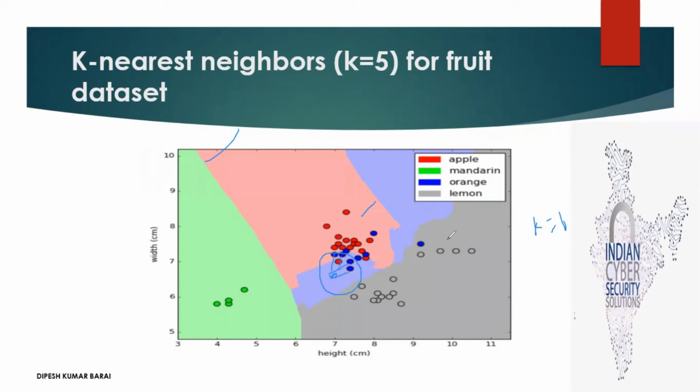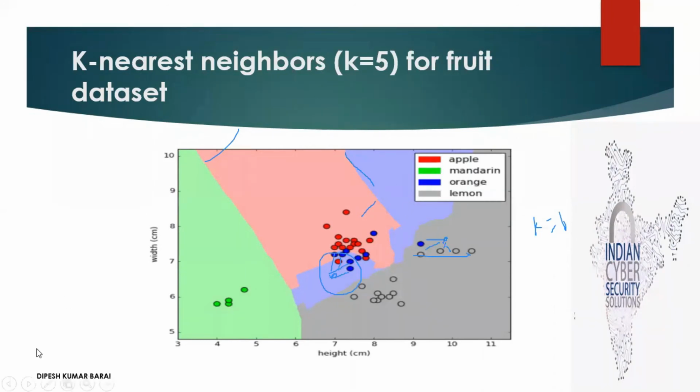Okay, if you take any data point here, and if you take the first 5 data points, 1, 2, 3, 4, 5, so there is a gray. Okay, so that's why the decision boundary will change, and we'll calculate the class of the new data point by taking the value of k nearest neighbors.